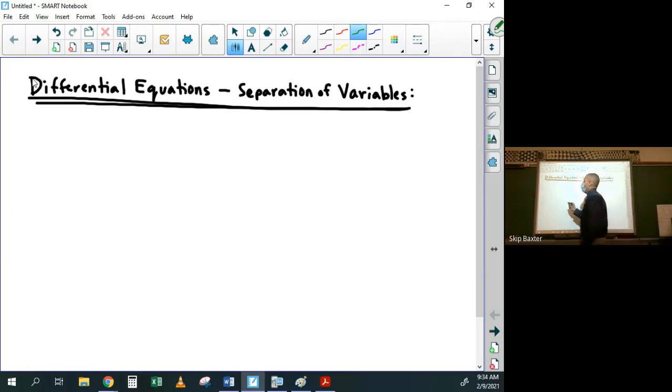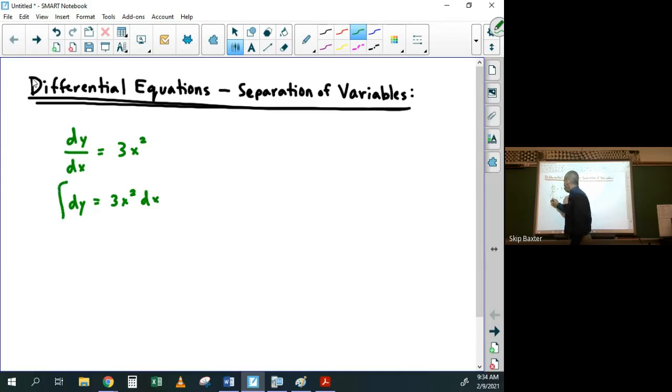Like, for example, if I had something like dy/dx equals 3x squared, right? So essentially what you're doing is moving the dx over to this side. So you have dy equals 3x squared dx. And then you're integrating both sides.